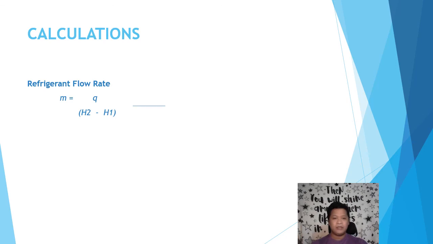So the mass flow rate naman of your refrigerant, so m dot dapat yan may tuldok sa taas, no? Is equal to the Q, or the total heat abstracted, divided by the difference of H2 minus H1. So this would determine how much refrigerant you need to use in a system.